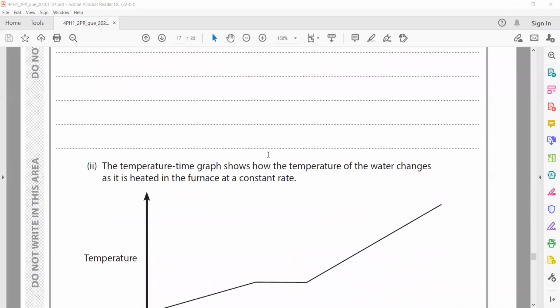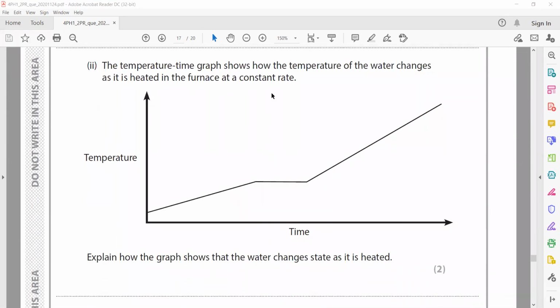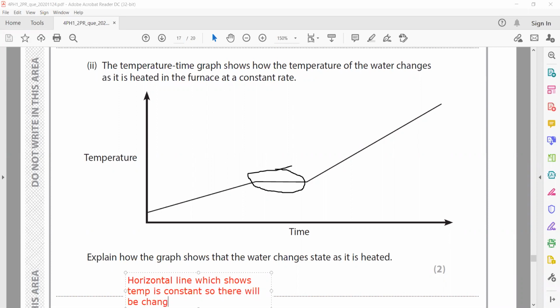The temperature time graph shows how the temperature of water changes as it is heated in the furnace at a constant rate. How does the graph show that water changes state? Because the temperature is constant, a horizontal line, which shows the temperature is constant, so there will be a change in state.